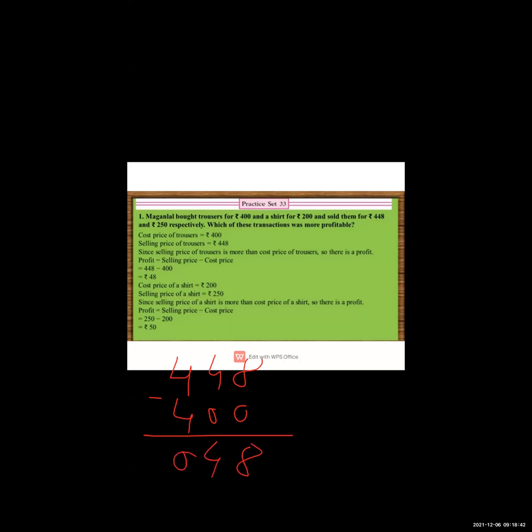When you minus it, you will get 48. So the profit of trouser that Maganlal got is rupees 48.